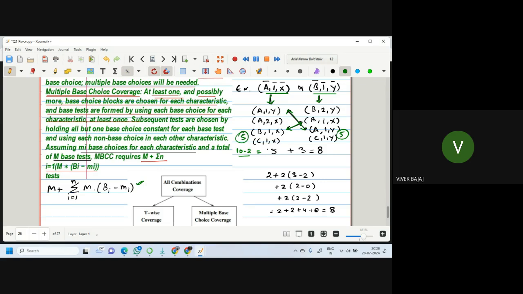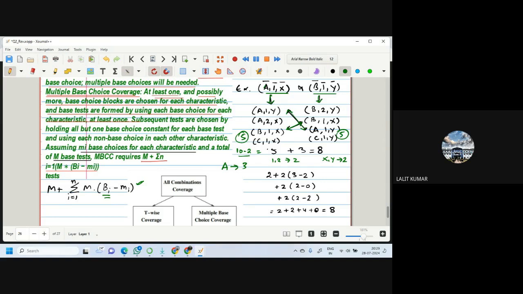What is 3 minus 2? For A, this A has got 3 characteristics bi. The 1, 2 had x 2 and x and y 2. And here you see A and B I'm changing. A, B I'm changing. So how many test cases have I taken care of from this?